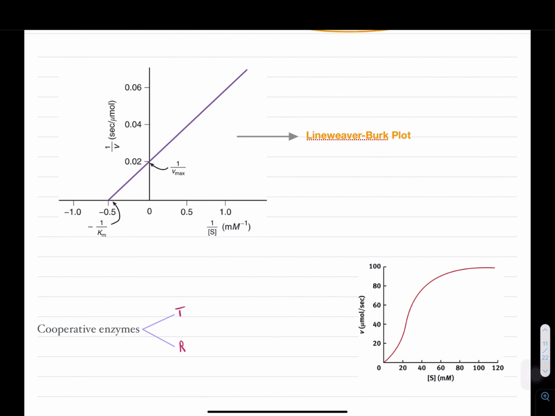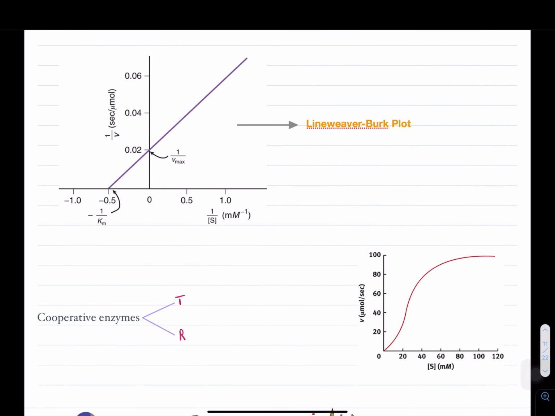Now we have a Lineweaver-Burk plot, which is a different type of graph than what we saw earlier. But we're still dealing with the same equation, so nothing has changed. It's just a different graph. The importance of this graph is that the intercept of the line with the y-axis will be 1 over Vmax.